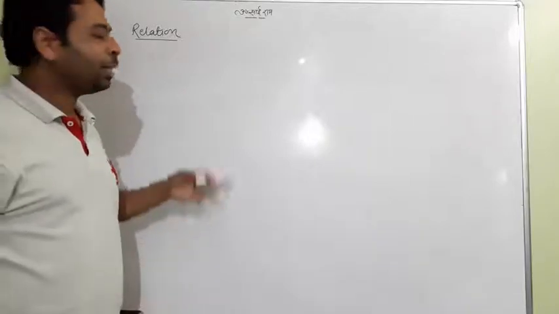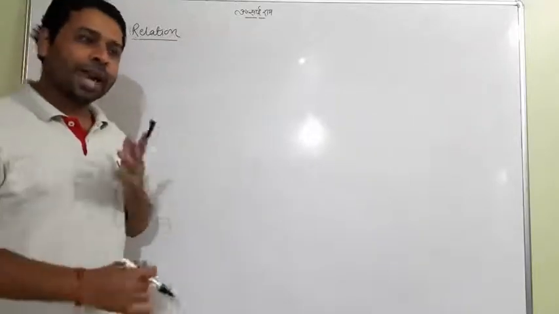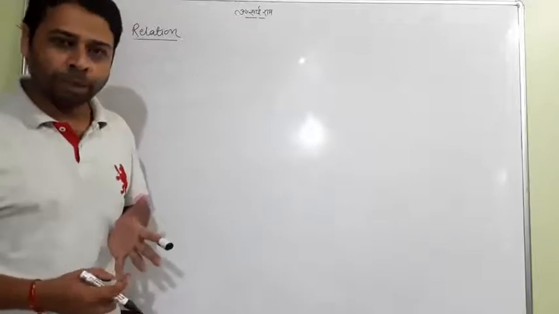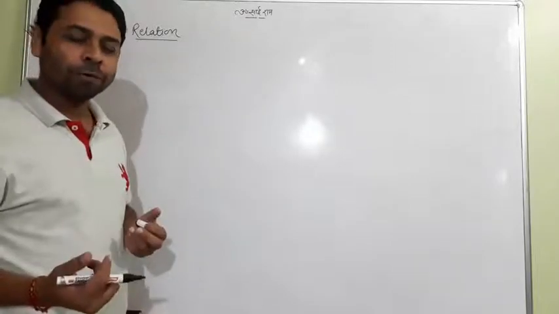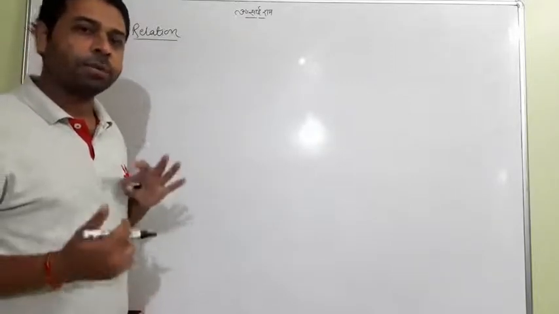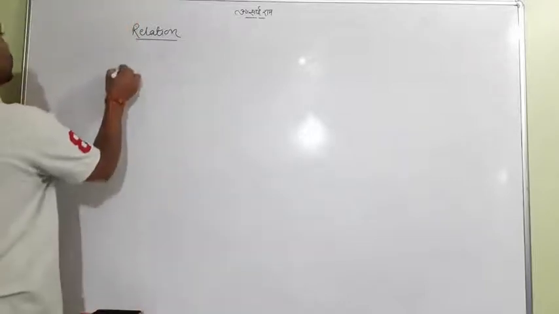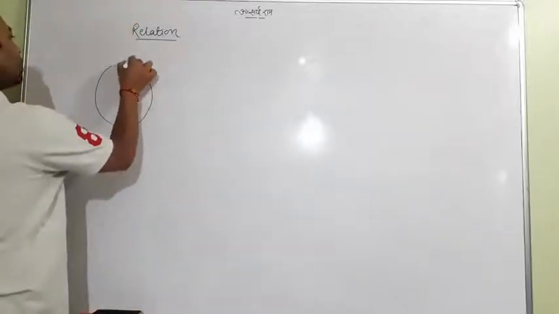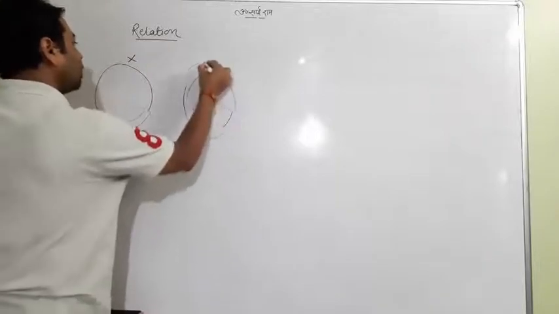As the name makes clear, it actually adopts some relationship between two elements of the Cartesian product. I will tell you one by one. Look at this. Suppose we have two sets, x and y.